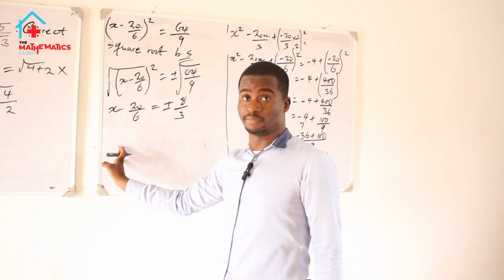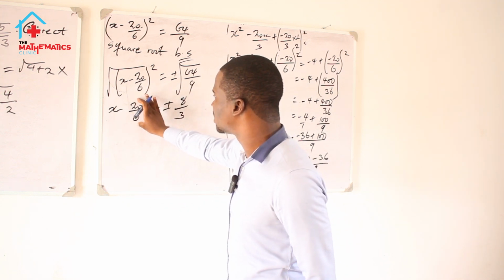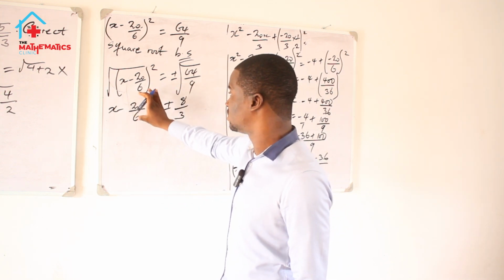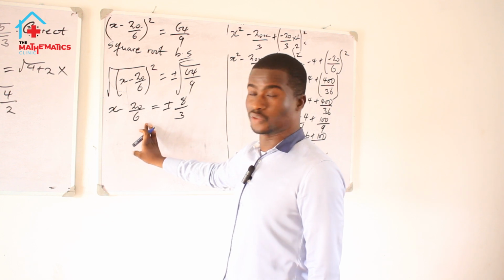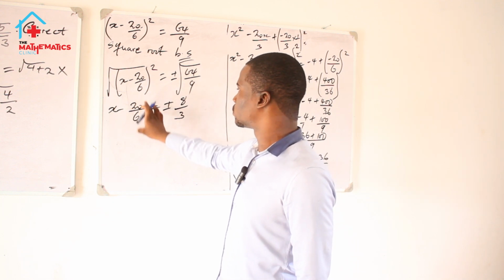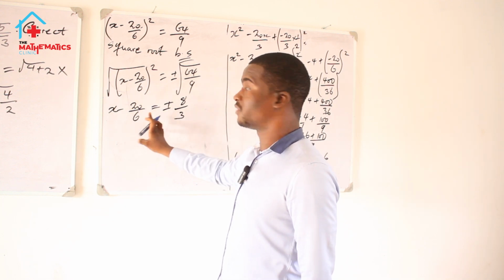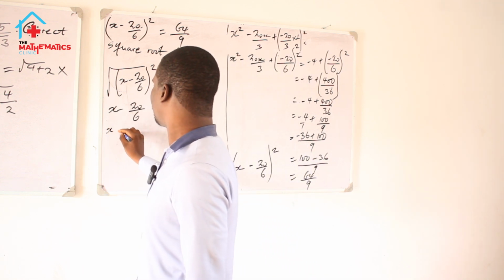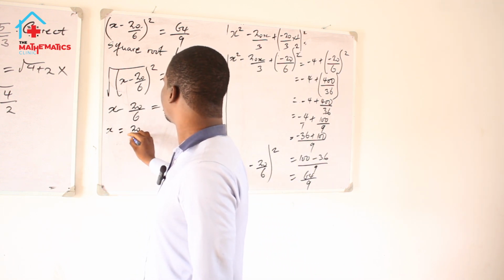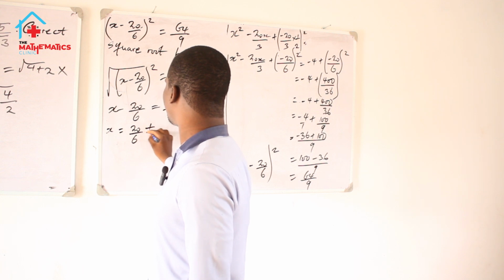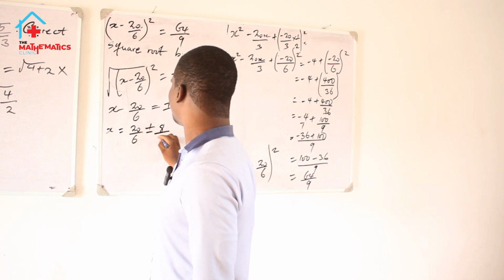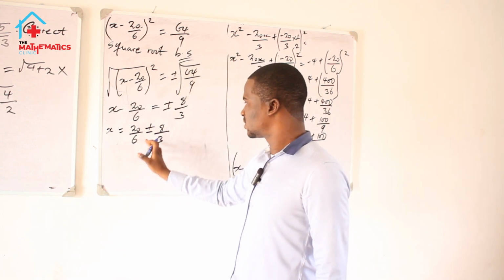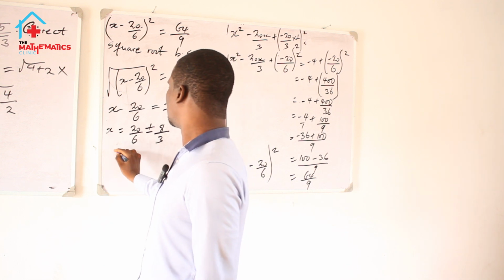Now it's looking simple. So all we have to do is take the additive inverse of this expression, like I said the other time. This is minus 20 over 6, so the additive inverse will be plus 20 over 6. So add to both sides. We have x equals 20 over 6 plus or minus 8 over 3. Then let's turn this expression to a single fraction.